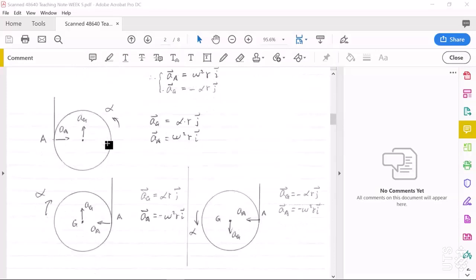And also, we can have other three situations. AG, AA: magnitudes not changed, but be careful about their signs.